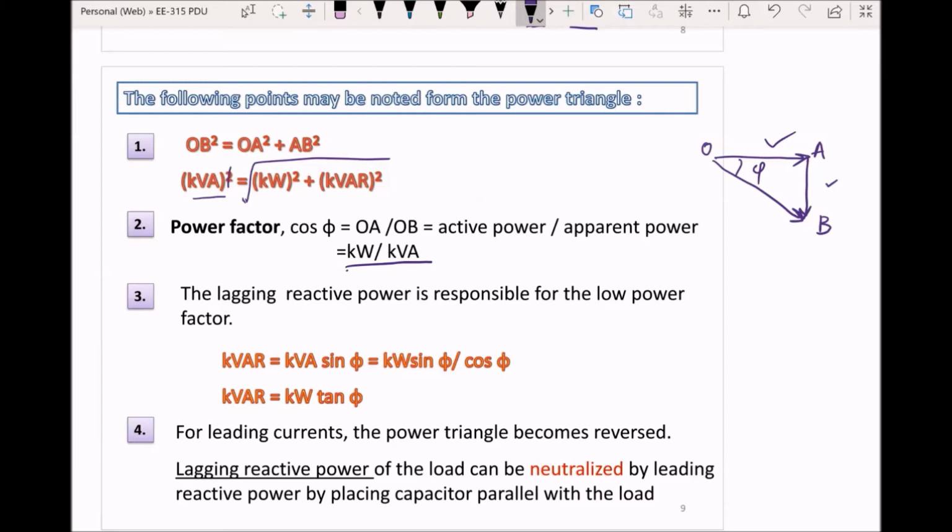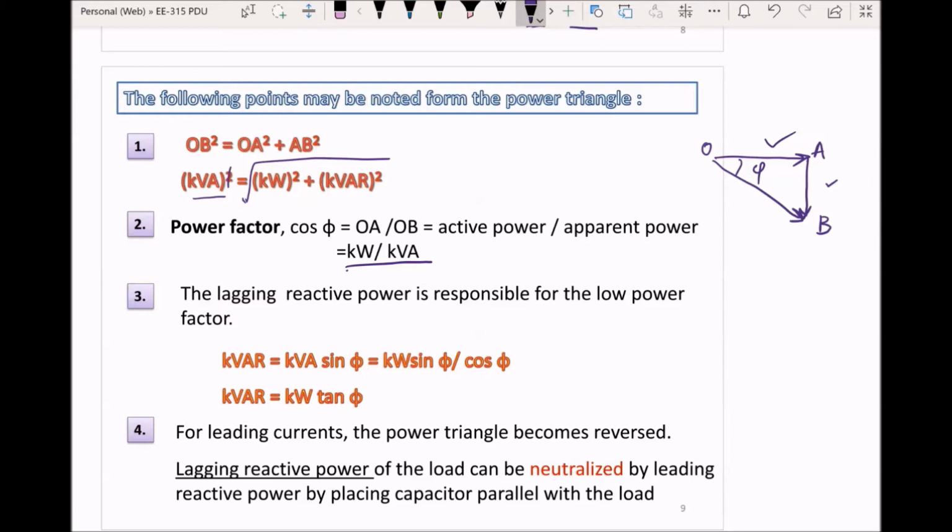And the third point, as I mentioned earlier: in the case of an inductive component, we will observe a lagging power factor, and the lagging reactive power resulting from the reactive component is responsible for low power factor. So in short, the inductive component is responsible for the low power factor.